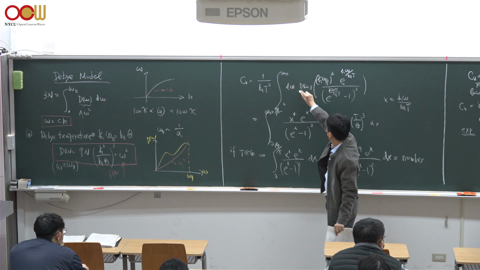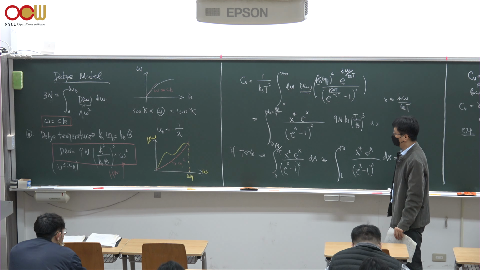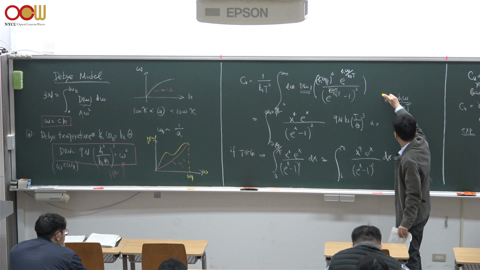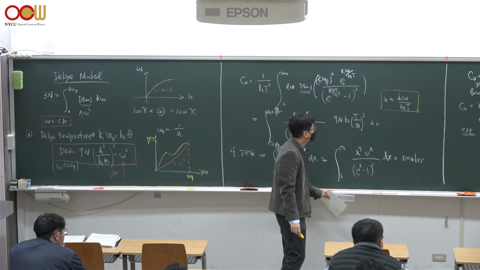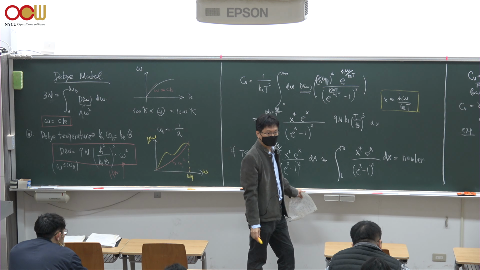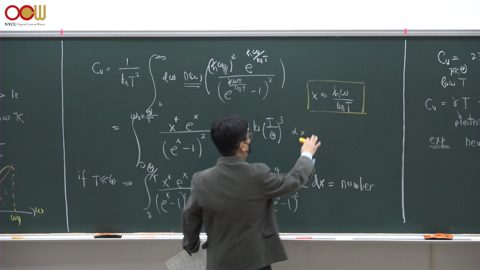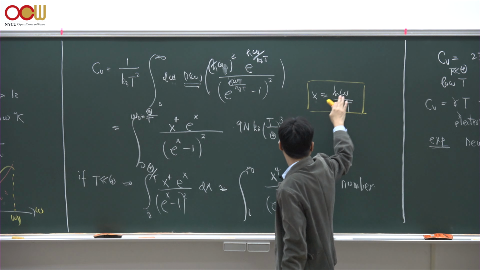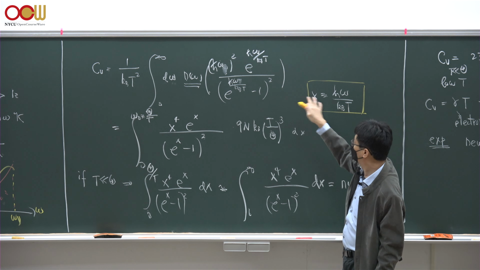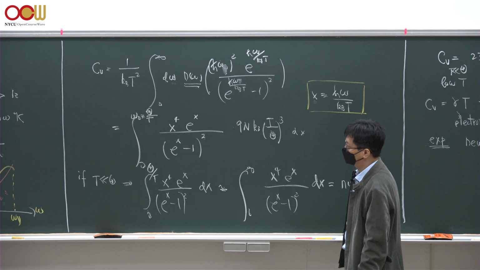Then you define a new dimensionless quantity x, which is the ratio between the energy h bar omega and the thermal energy k_B T. So x is h bar omega divided by k_B T, and you can change your variables from omega to x pretty easily.